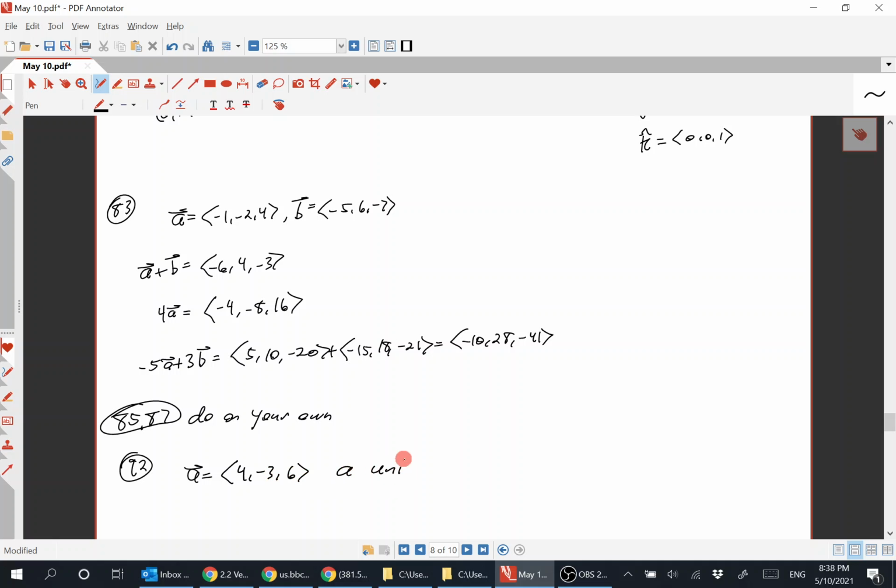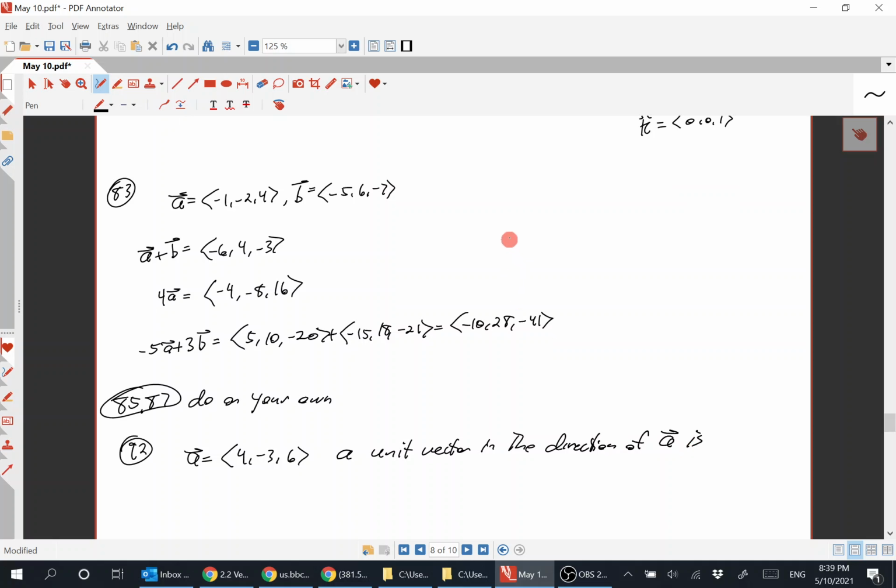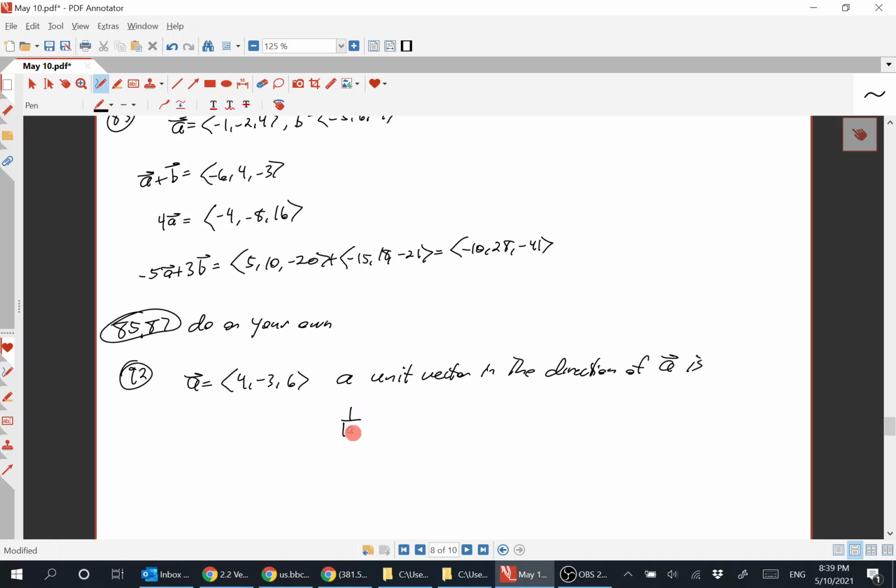So a unit vector in the direction of A is, same as before, 1 over the length of A times A. So here the length of A is square root of 16 plus 9 plus 36, times A itself, (4, -3, 6).